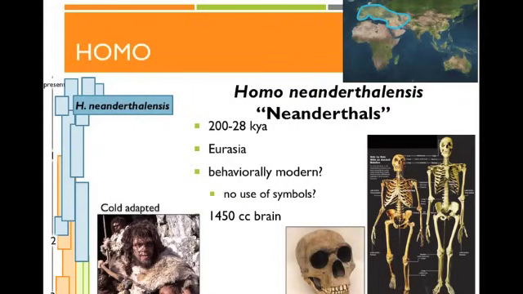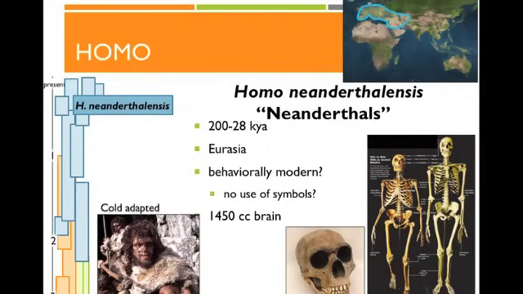They persist until about 28,000 years ago, and the full extent of their range, it's quite an impressive range, all the way from Western Europe into the Middle East and further into parts of Eurasia.